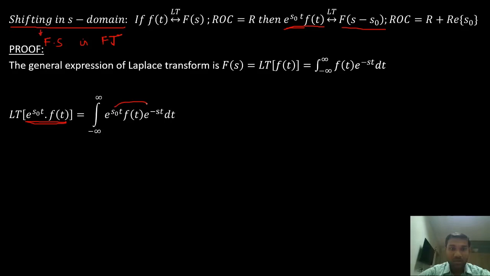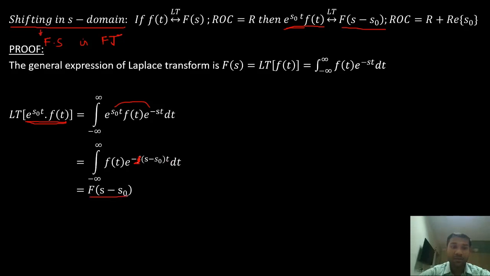Now these two terms I will combine. What will I get? Integration minus infinity to infinity f of t e power minus s minus s naught, there is no j here, e power minus s naught into t dt, right? So what is this?